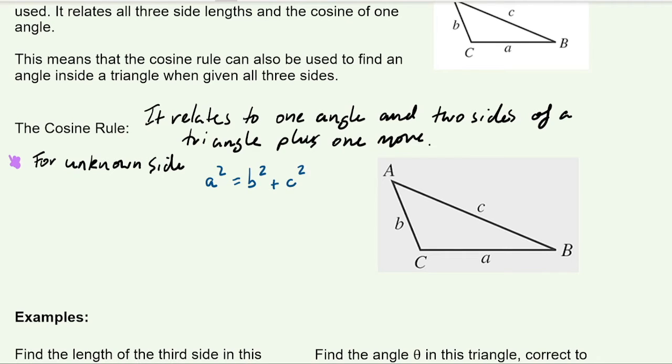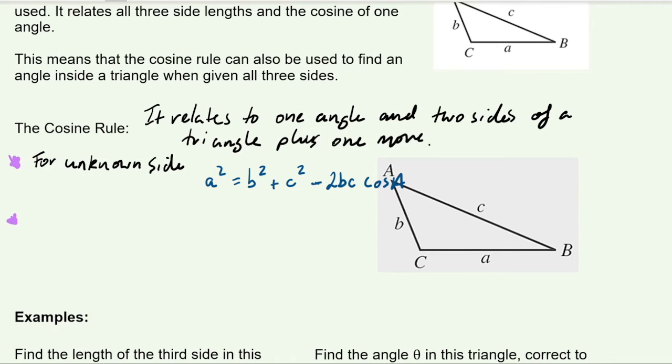Now this is part of Pythagoras' theorem, but relating to non-right angled triangles. Then we've got 2bc cos A. So a squared equals b squared plus c squared minus 2bc cos A. So we're looking at the sides, which are the lowercase, and the angles, which are the uppercase.